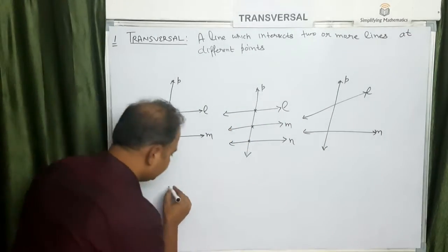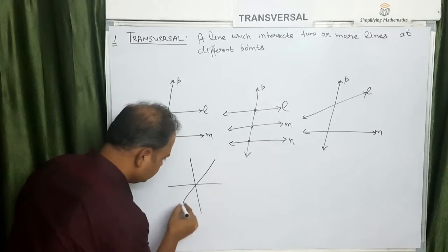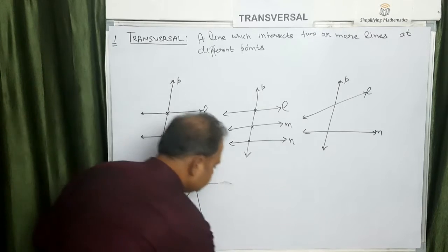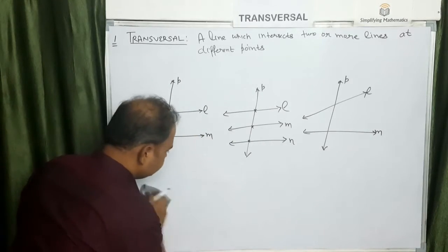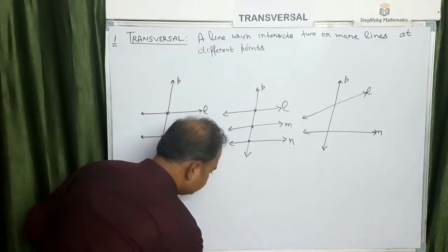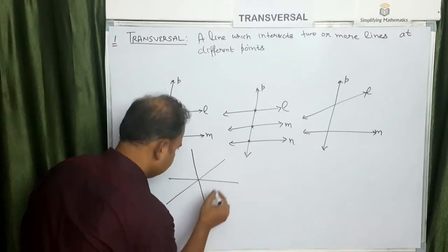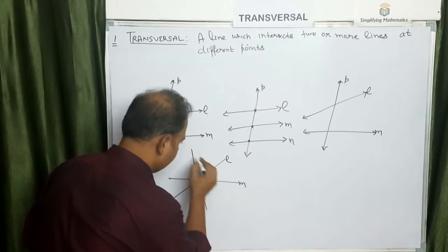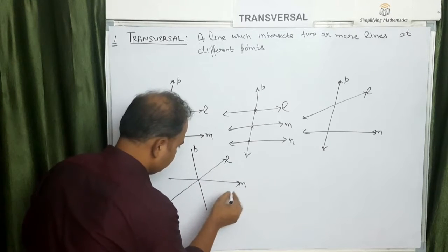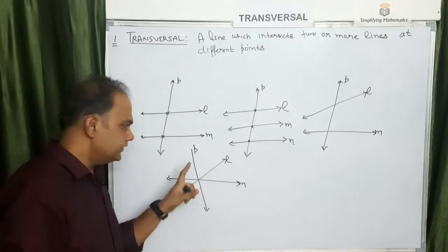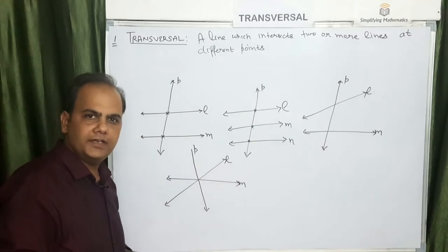Now if I take this example, is this line P a transversal to L and M?